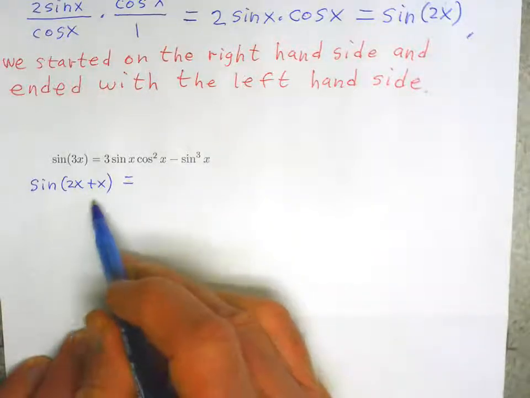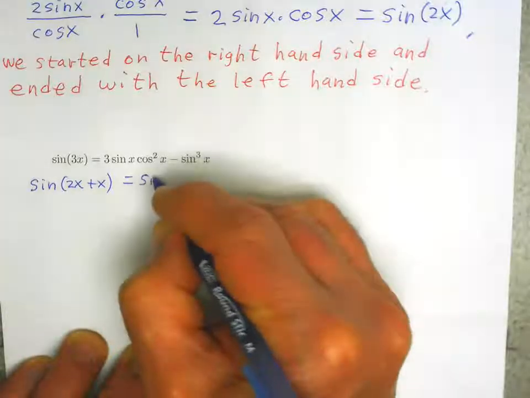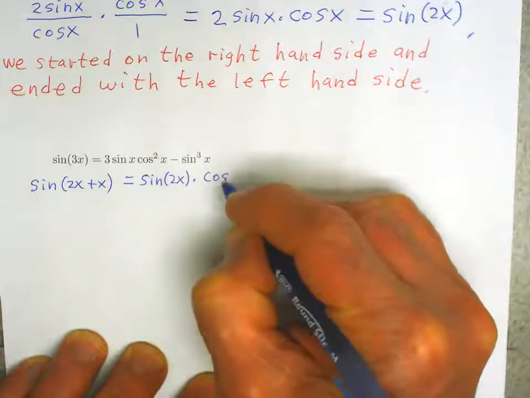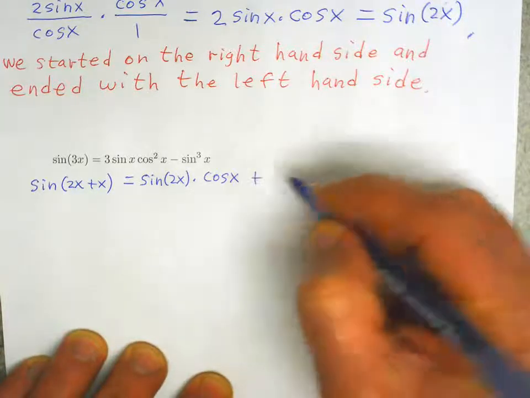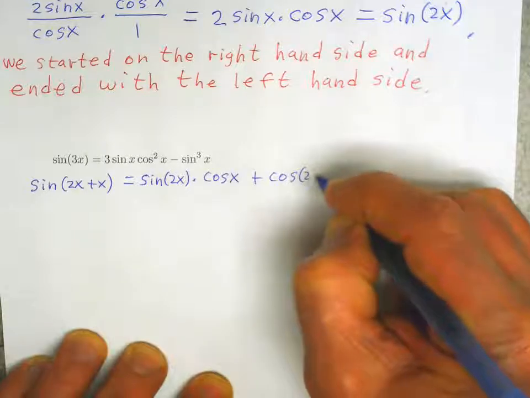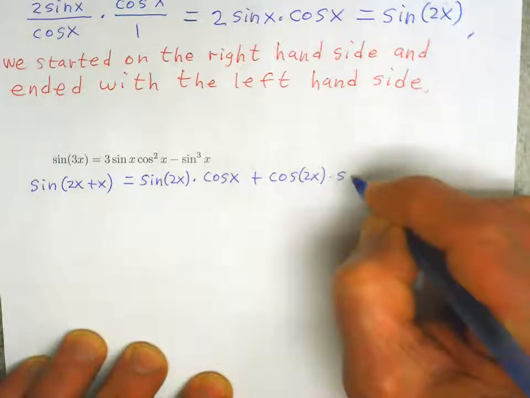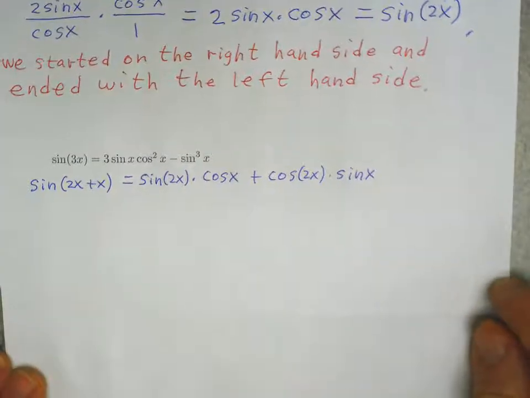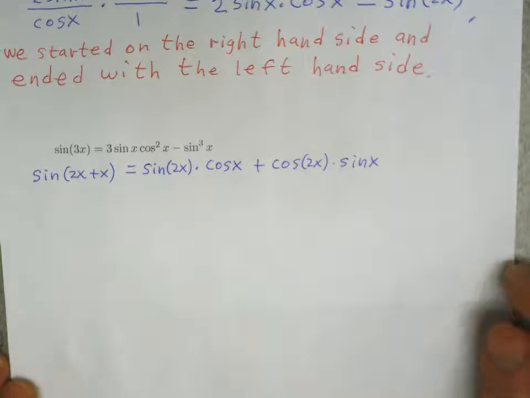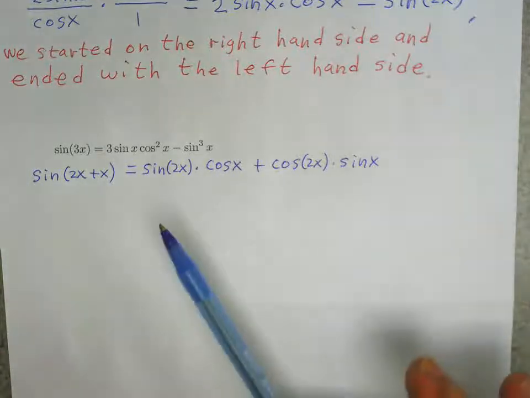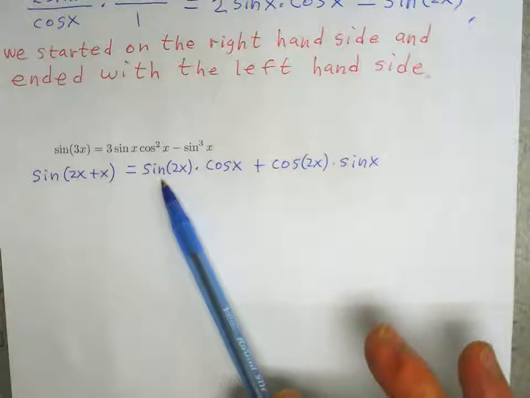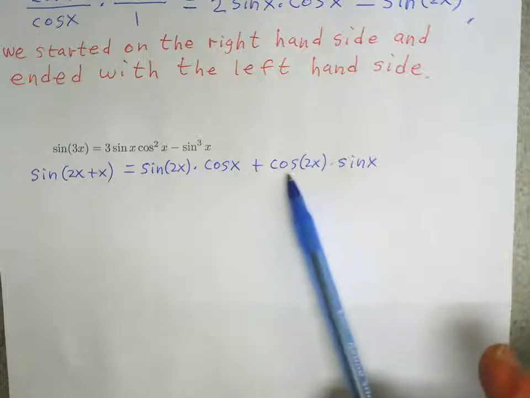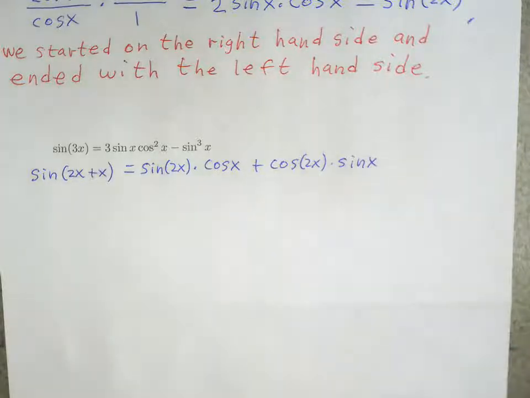So the sine of 2x plus x is the sine of 2x times the cosine of x plus the cosine of 2x times the sine of x. And then I'm going to use the double angle formula for sine of 2x and the double angle formula for cosine of 2x.